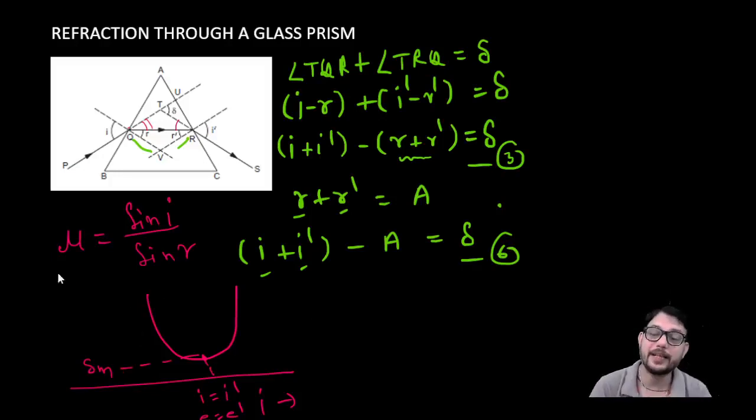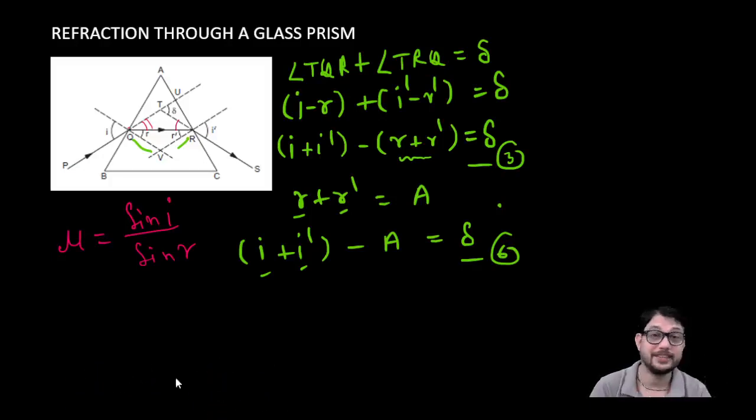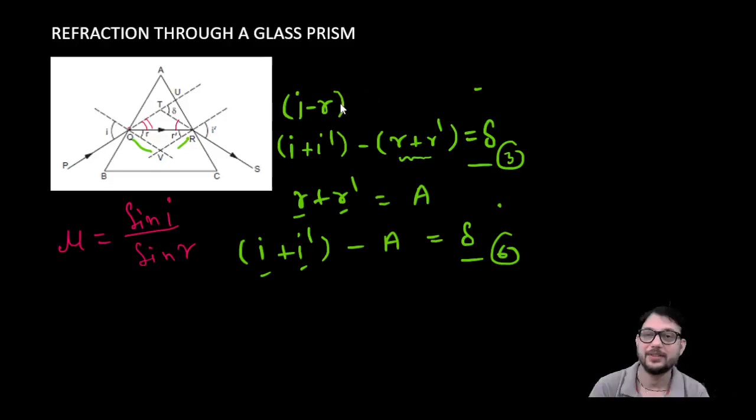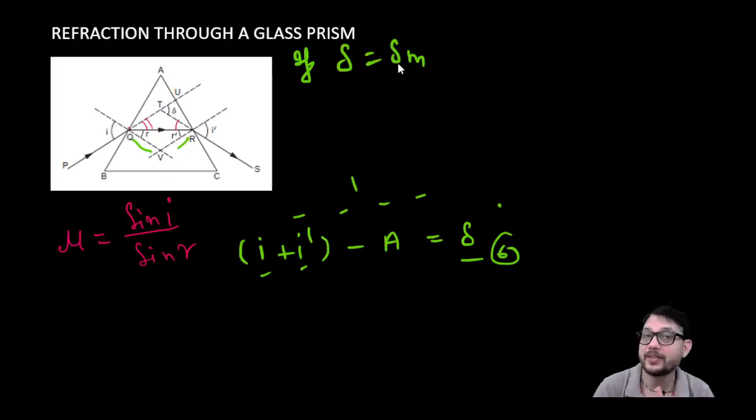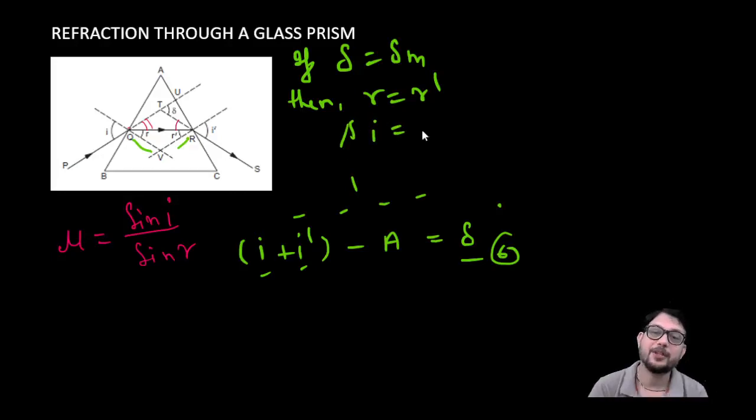We have gone through the experiment of the prism, and on this basis we conclude, so that no one can deny it, that if delta is equal to delta m, meaning the angle of deviation is equal to the angle of minimum deviation, then only R must be R dash and I must be equal to I dash.